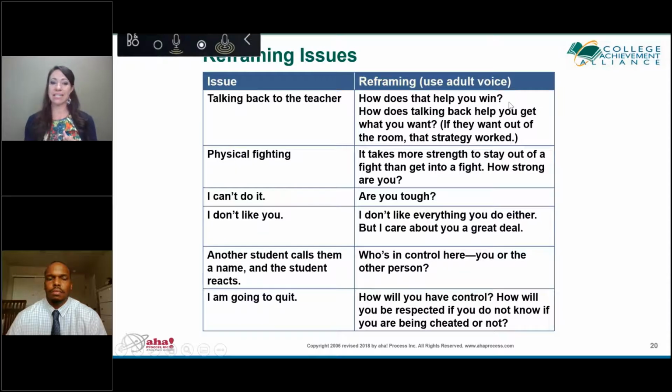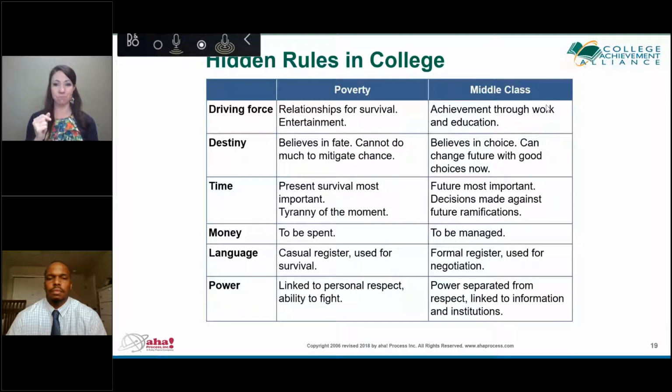Language is another one. Ricky's going to get into this. How many of you, well, rhetorical question, how many of you receive papers from your students or things that are written from your students that are written just like they talk? Just like they talk. And sometimes they get up in the front of the room and they give presentations and you're just like, oh, and everybody's so shocked because they're not formal and they're not professional and what is wrong with this student?